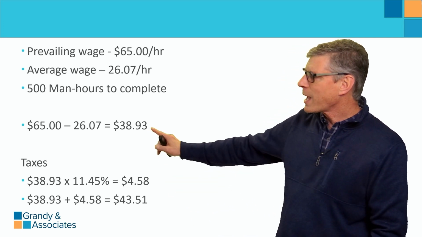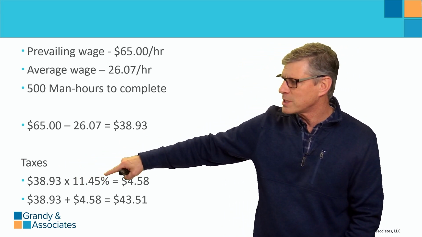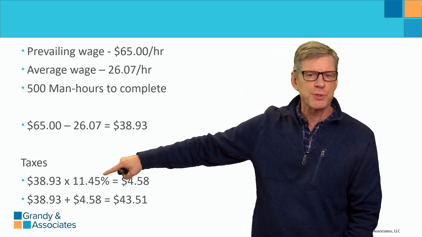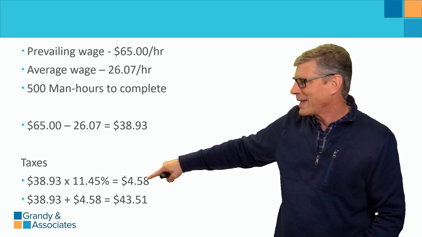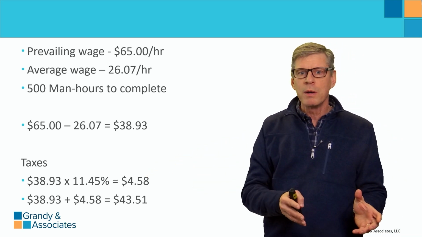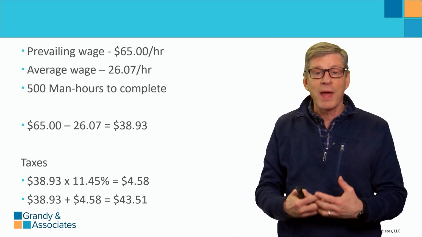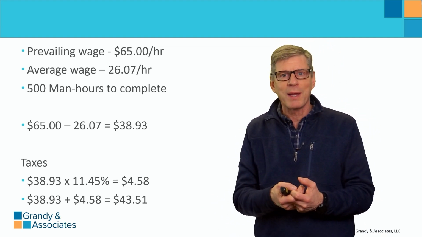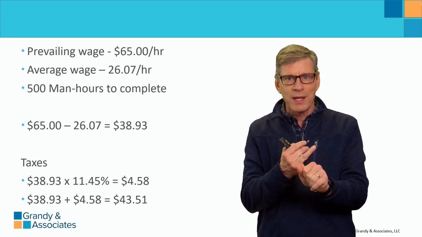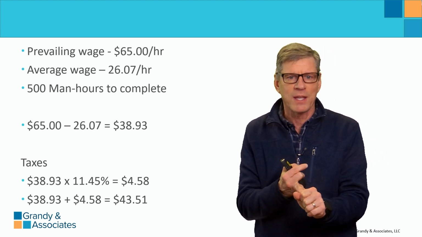So I'll take that $38.93 times my company matching tax rate of 11.45%. That means I have to add another $4.58 per hour to that $38.93 difference, to make sure that when I price out my job, I'm accounting for not only that increased wage, but also the additional company matching taxes that I'm going to have to kick into that.